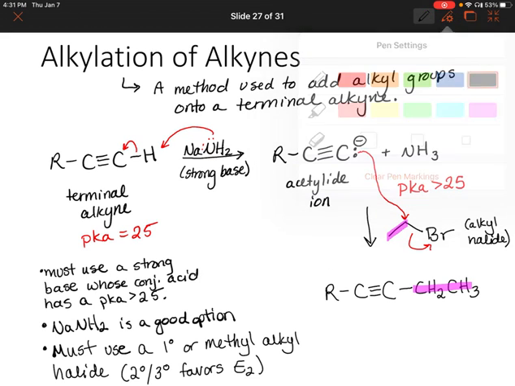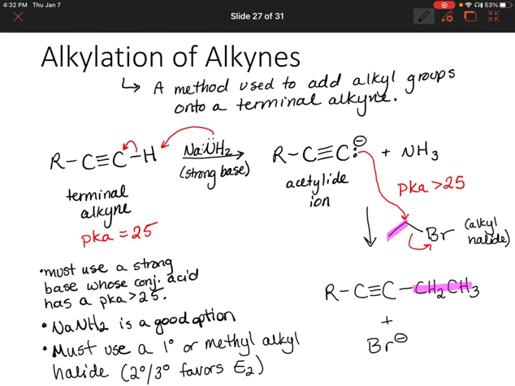And then, of course, we still have our bromide ion hanging around from the alkyl halide. So you can probably imagine that this is going to be really useful for synthesis problems because we can kind of create whatever type of alkyne we want to so that we have the groups that we want on either side. And then we can move on from there. So this is going to be super useful in the future.